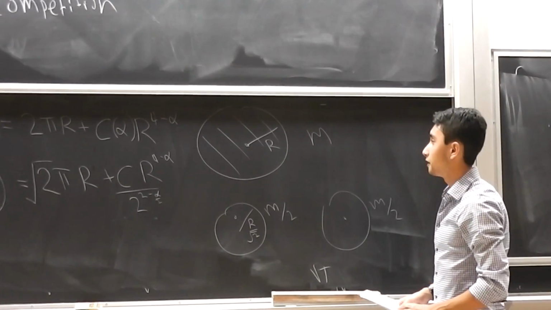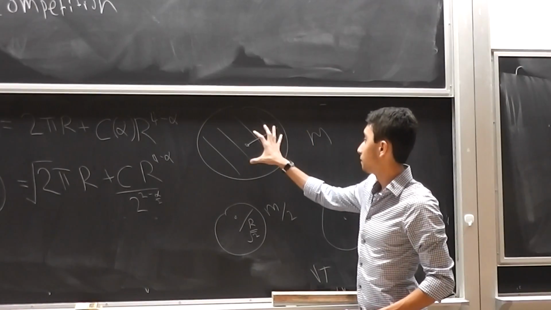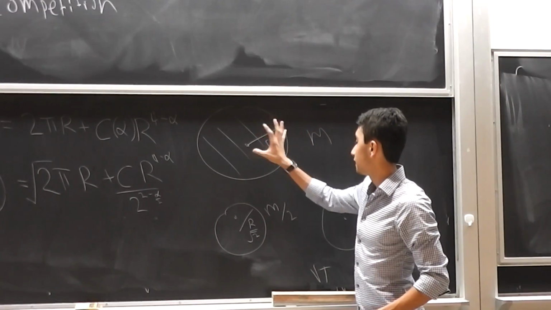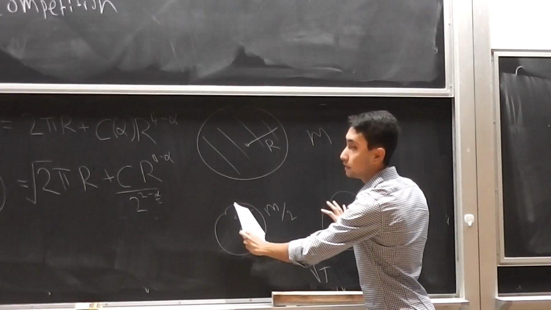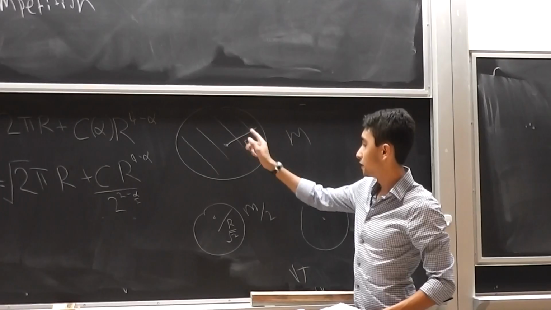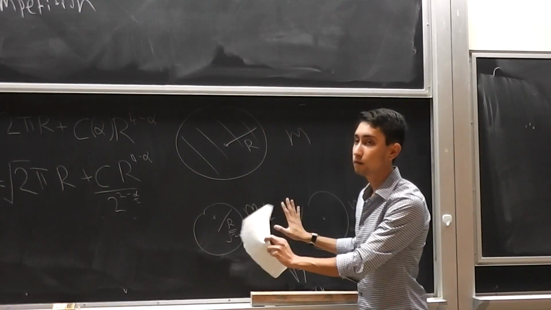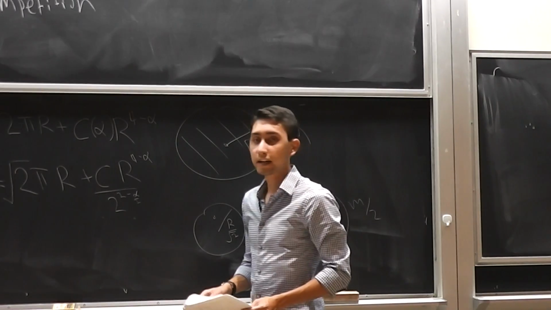Yeah, so since we're trying to minimize the energy, if we can replace this with this and then move these as far apart as we want, then when comparing the energy of these two, we can just assume that there's no interaction energy.